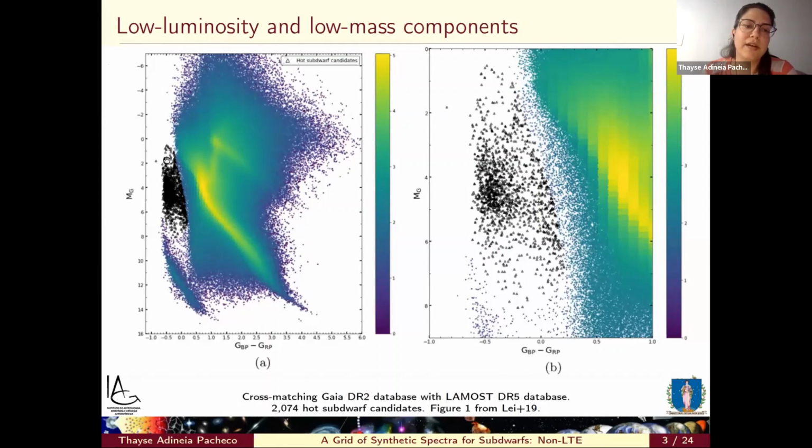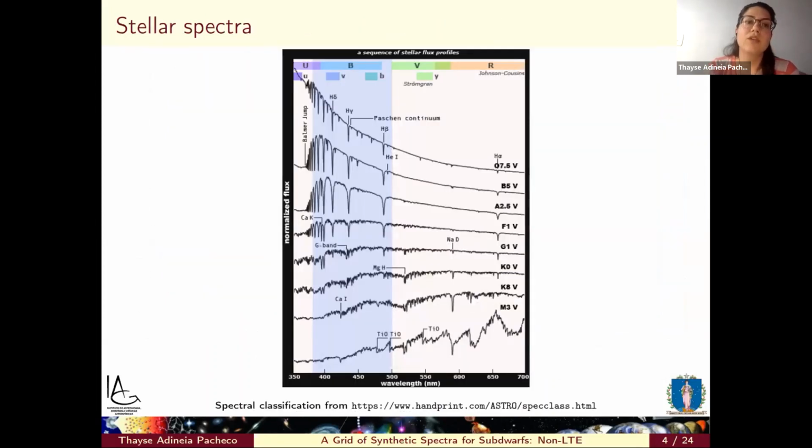The subdwarfs are colored in black here, and we have a zoom in the right panel. We have more than 2,000 hot subdwarf candidates, which is numerous stars. So we need a grid of spectra to analyze these stars, a grid of available spectra.